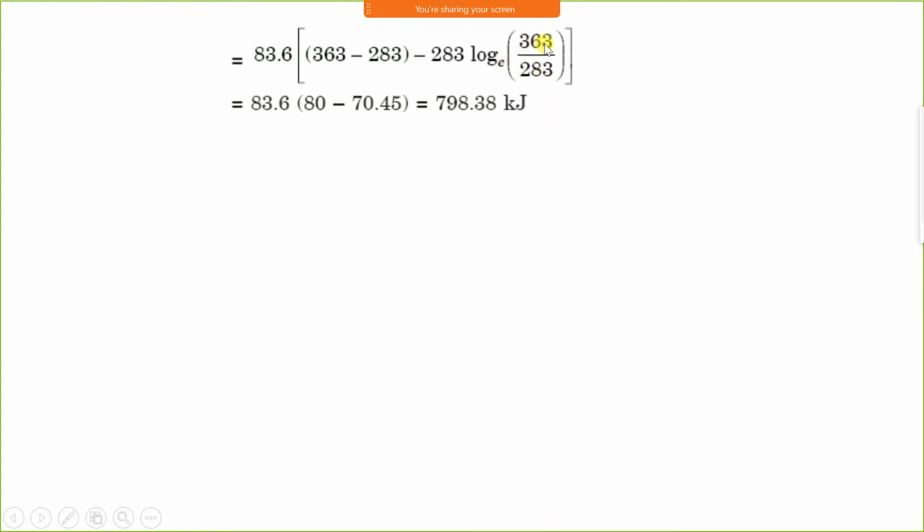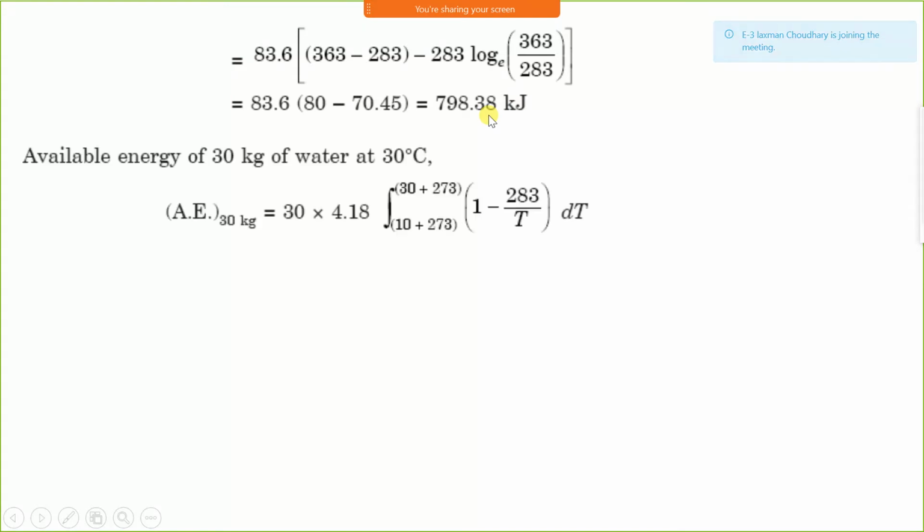Upper limit is 363, lower limit is 283. Now just calculate, we'll get 798.38 kilojoule. This is the available energy of hot water which is at 90 degrees Celsius.